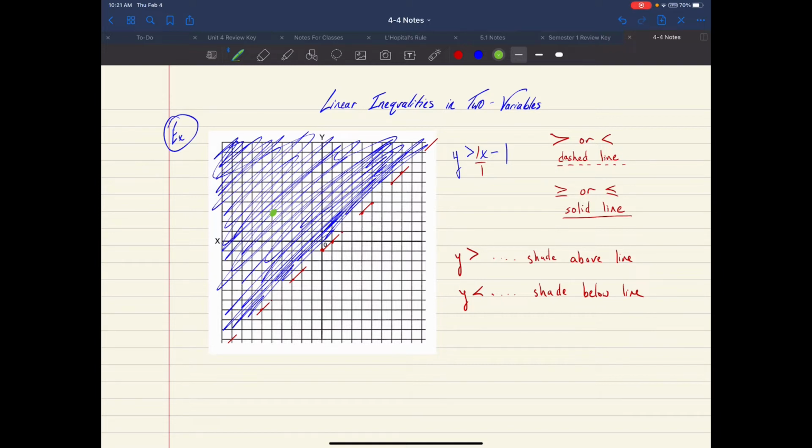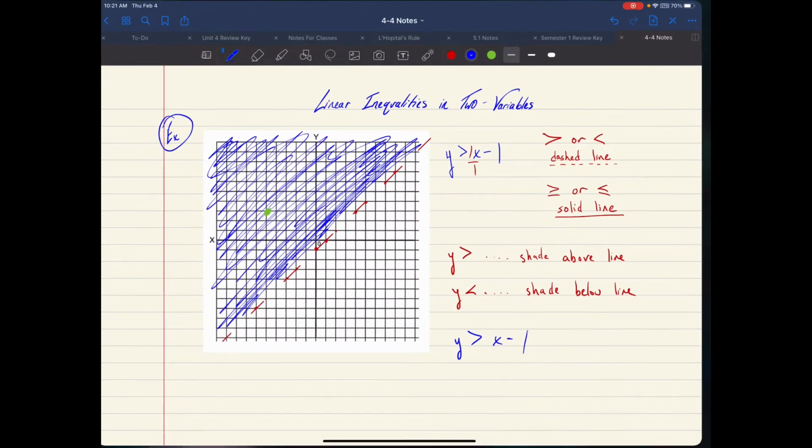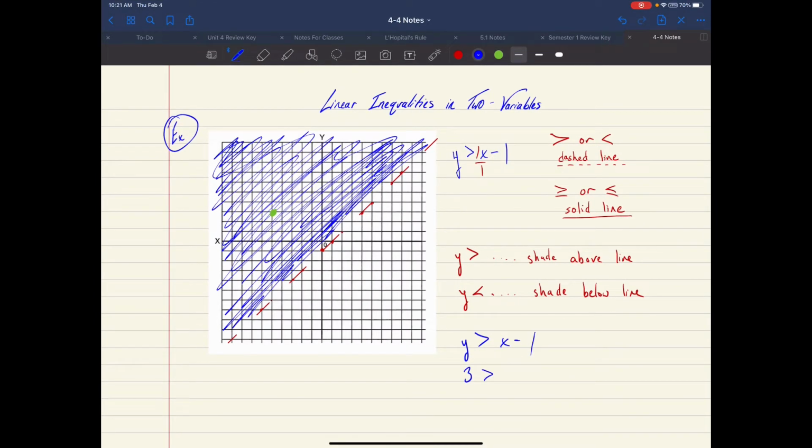If I plug in a negative 5 and a positive 3 into my expression, y is greater than x minus 1, replacing y with 3 and x with negative 5, then I get the inequality 3 is greater than negative 6, which is true. If I choose a point outside of the shaded area, it will not keep this true. So what we're doing is shading regions of solutions rather than finding particular solutions.